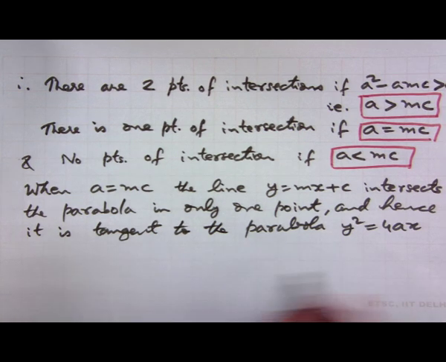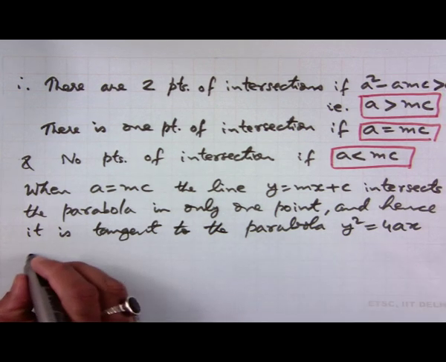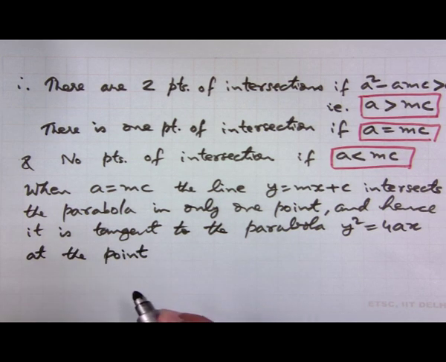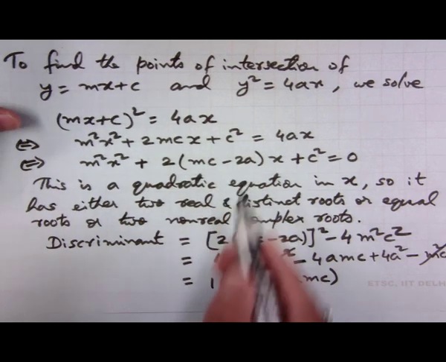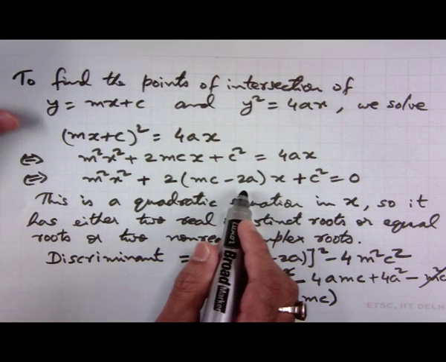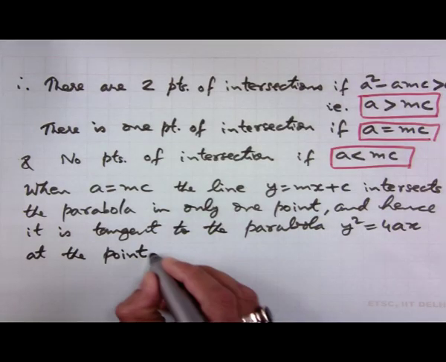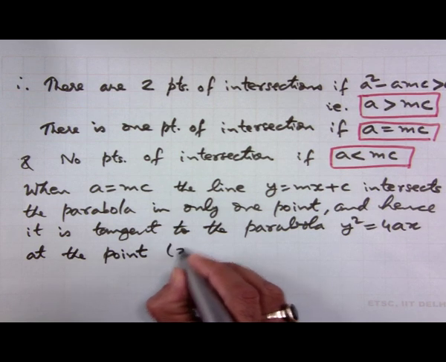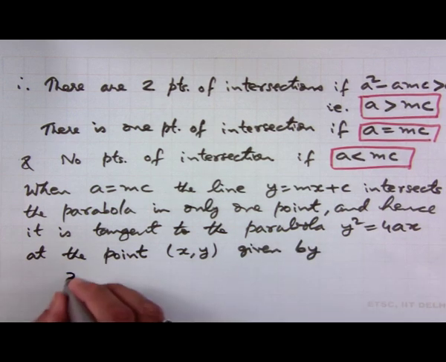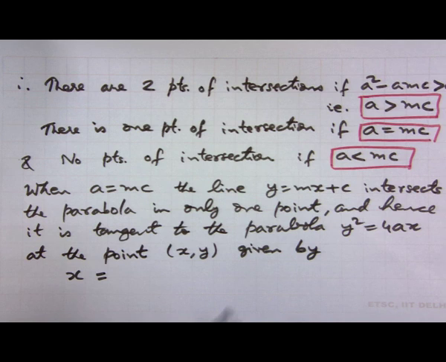What is the point at which this is tangent? At the point we can see from this quadratic equation that when the discriminant is equal to 0, then x can be solved at the point x comma y given by x is equal to, for quadratic equation a x square plus b x plus c equal to 0, for equal roots we get minus b by 2 a.